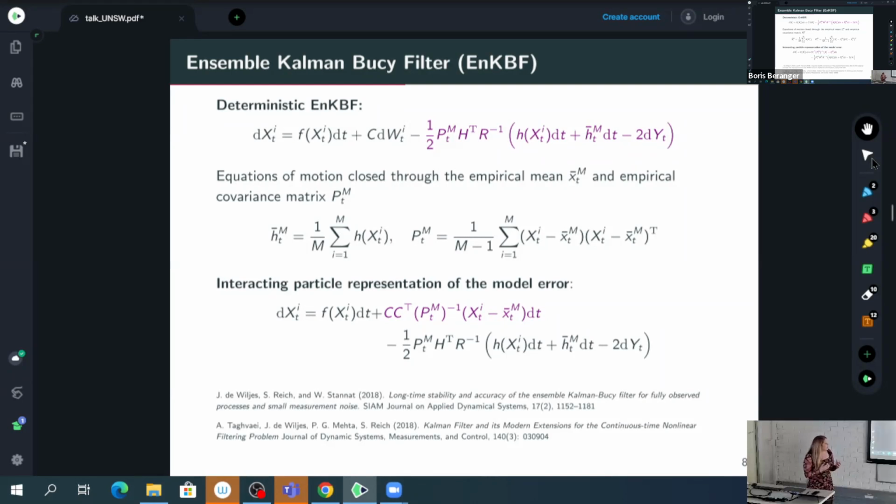But since it is actually not reproducing the true filtering distribution, it's hard to say, okay, what do we actually want? And one thing people want in practice is that the tracking error is small, because you want that it doesn't deviate too much from the truth, essentially. And that's why my collaborators and I started to look at this for this particular filter.